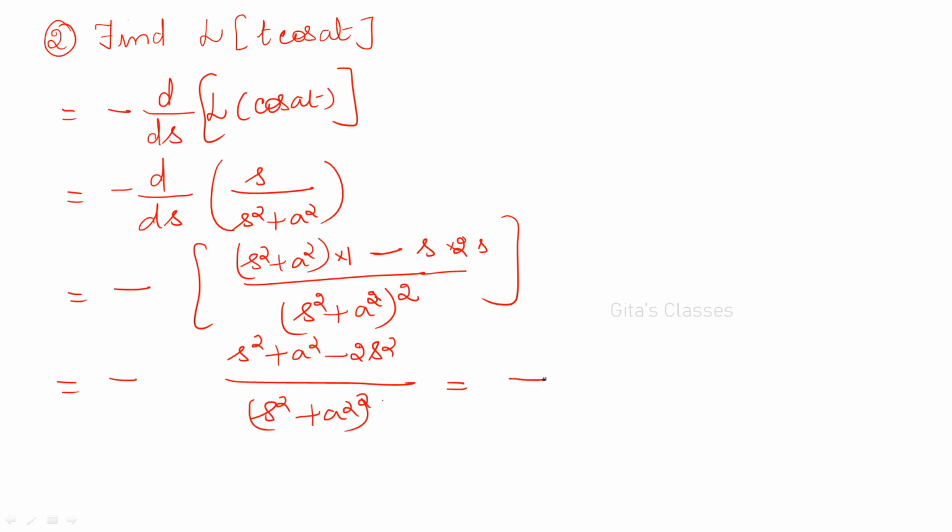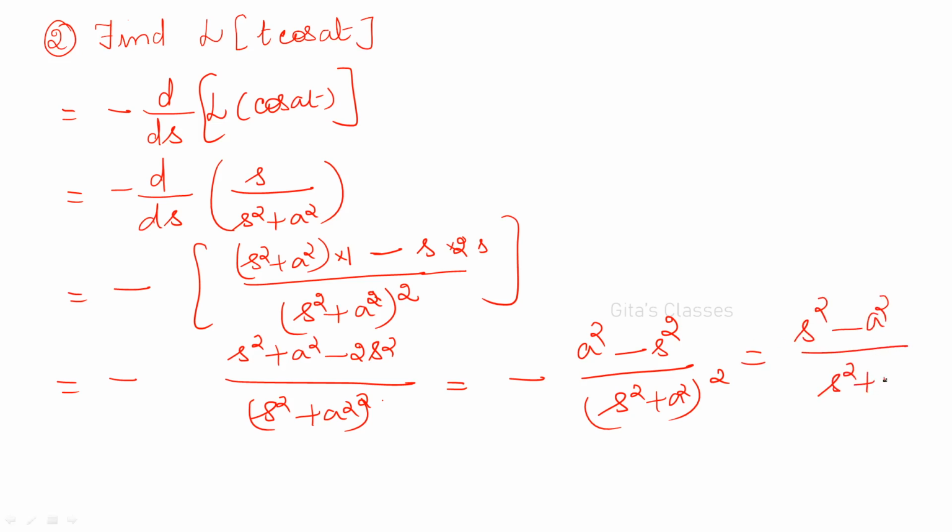That is equal to minus of a squared minus s squared, so minus of a squared minus 2s squared. That is s squared minus a squared divided by s squared plus a squared the whole square. Similarly, you can find out L of t into sin at.